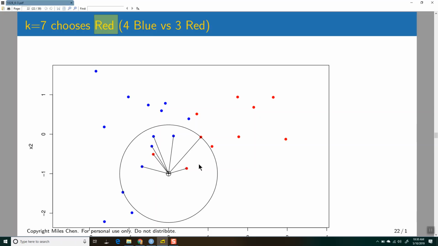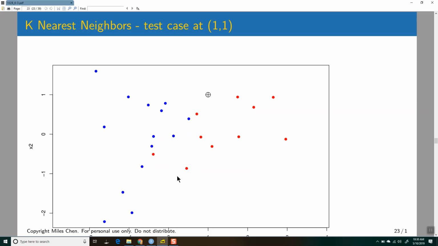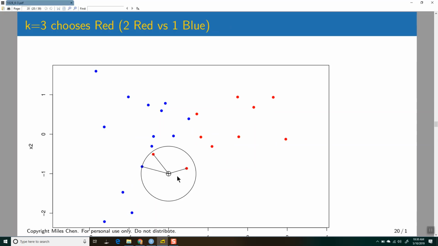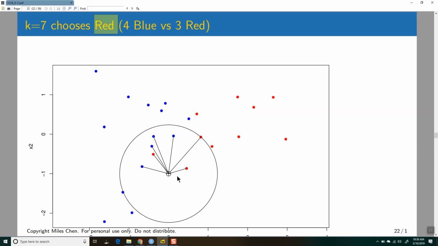But yeah, at 7, it's going to be blue. So this point will be blue if k is 7, because we've got 4 blue and 3 red. And so we can see, as we expand how many are considered your nearest neighbors, the classification will change.